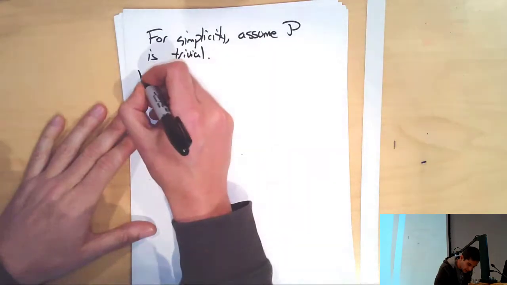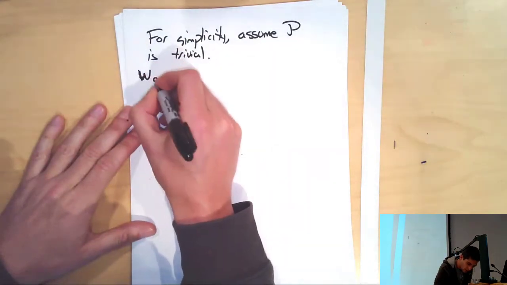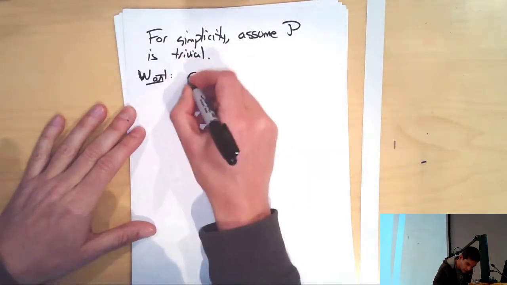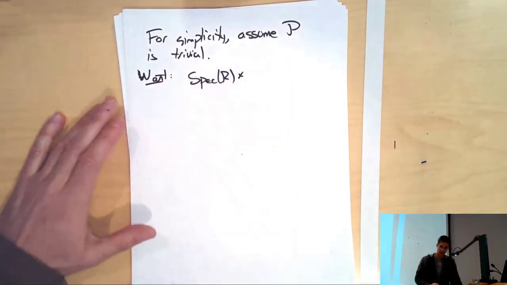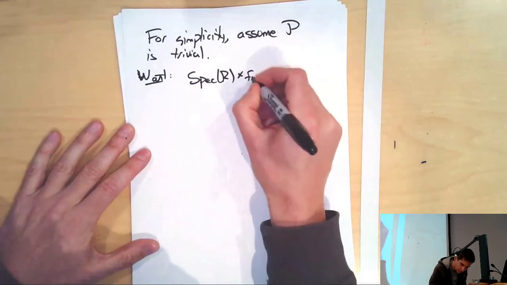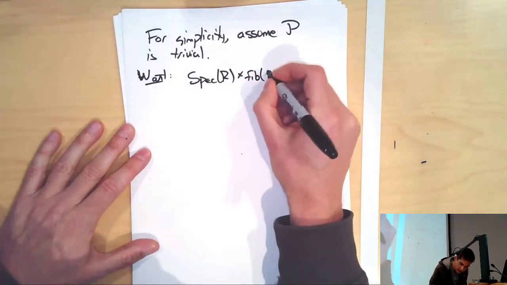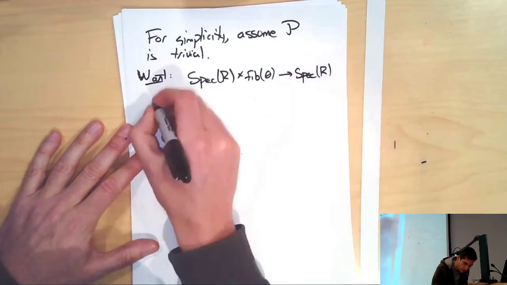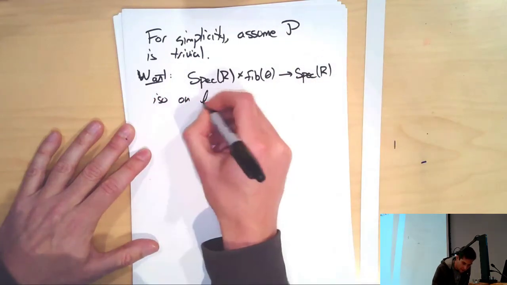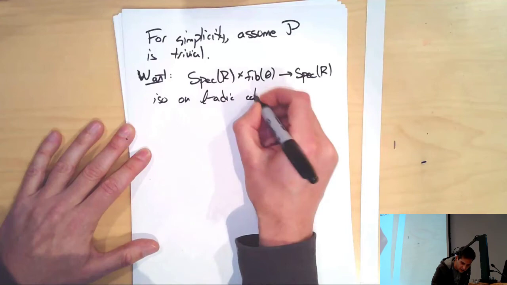So in that case, we want to show something about the projection map from spec R cross, let's say, the fiber of theta to spec R. We want to know that this is an isomorphism on L-adic cohomology.